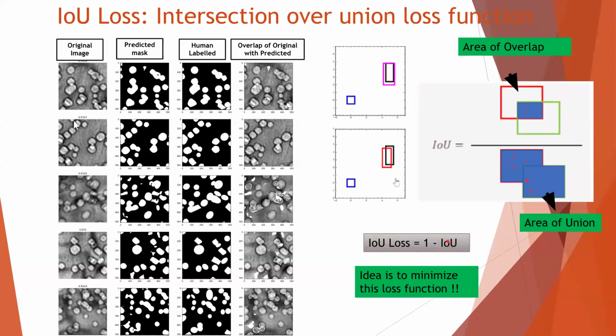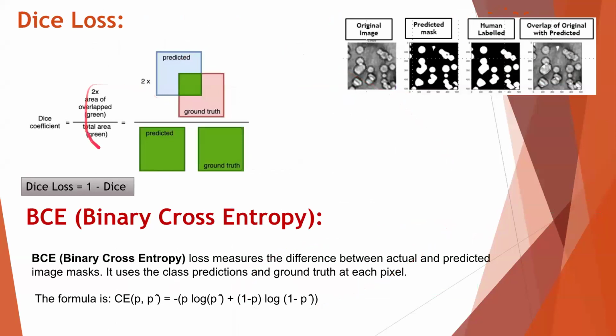We wanted this to become 1 and the loss to become 0. Now, like this, there are more losses using the same things you see here with ground truth, true positive, false negative. We get something called dice loss, and it gives the same results that we achieved.